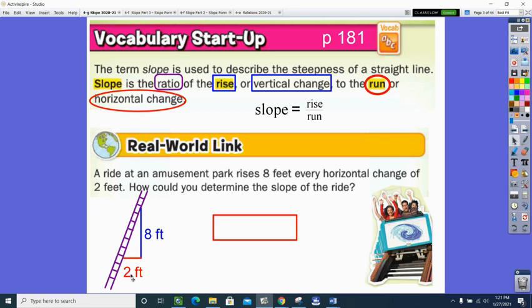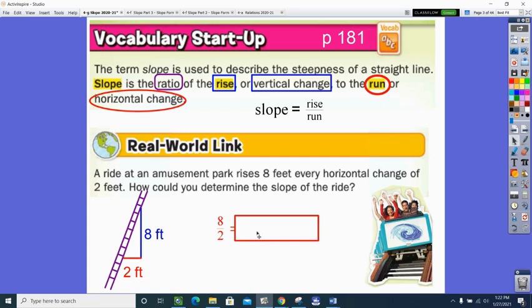So which number is the rise? The one that looks like the y-axis, that is rising, that is going up. That would be your rise number. And the number that is going left to right horizontally would be your run number. So initially our slope would be 8 over 2. Now look at that as a fraction. Can we reduce it?